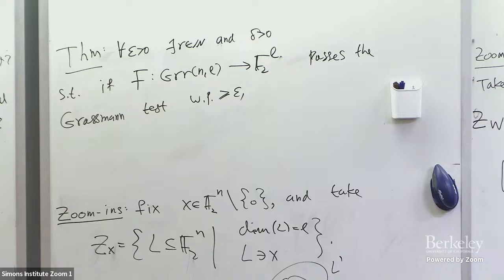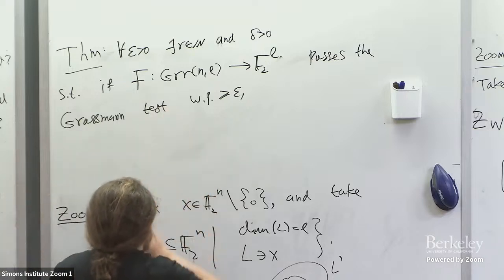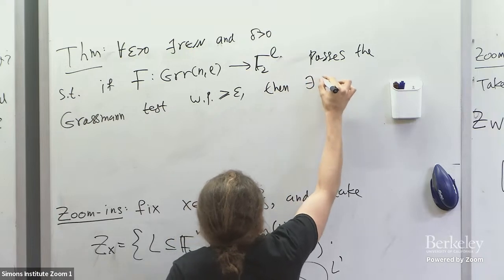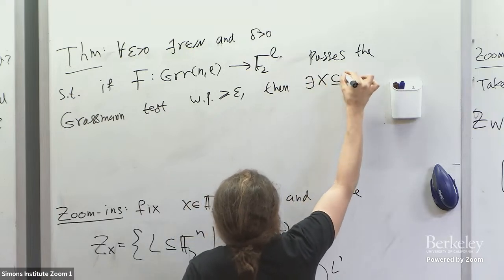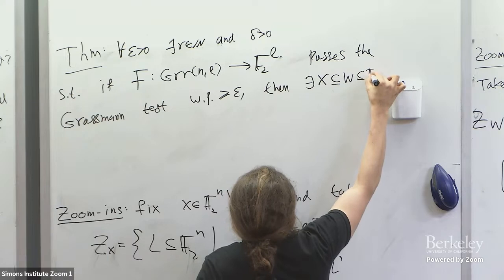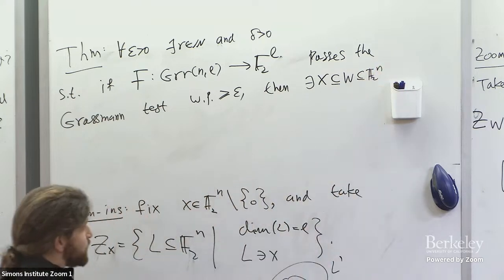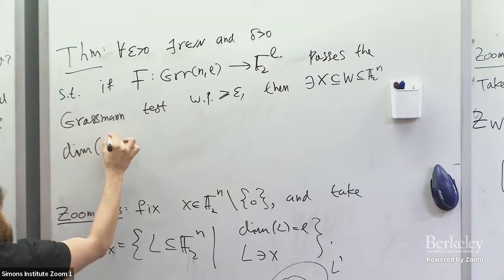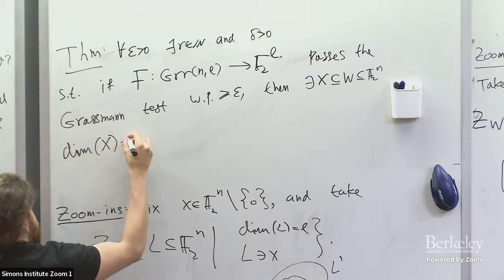And secondly, I want to say that from that small set, I have some actual linear function which is global. So if I have something like that, then there exist subspace X and subspace W, both inside F2 to the n. The dimension of X is not too large. The codimension of W is not too large.